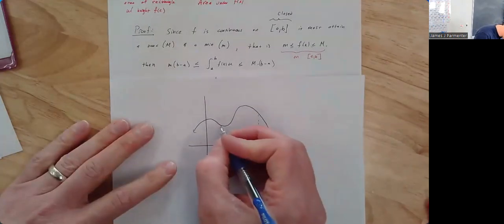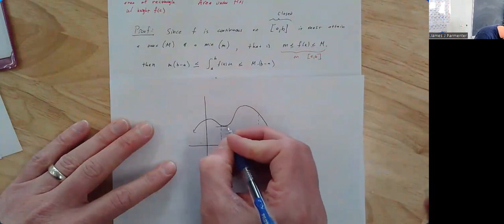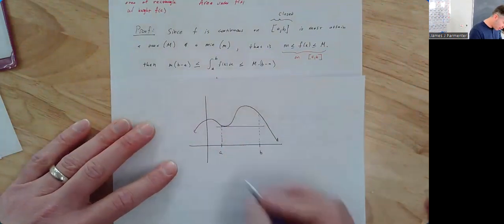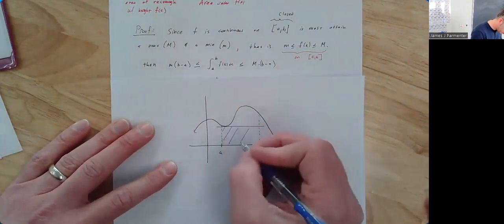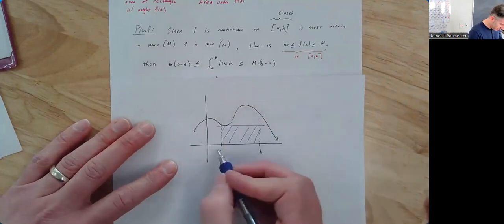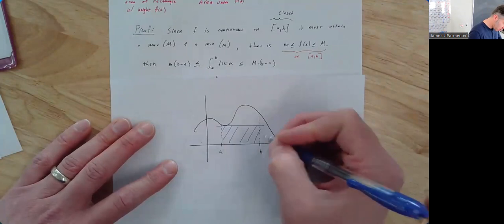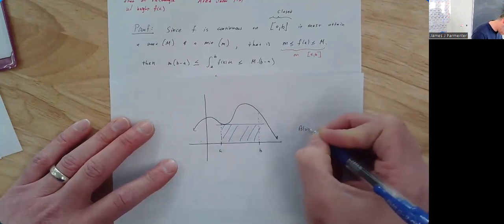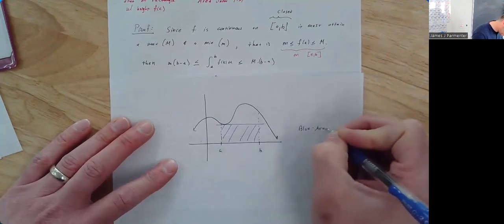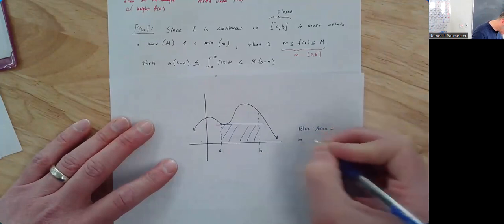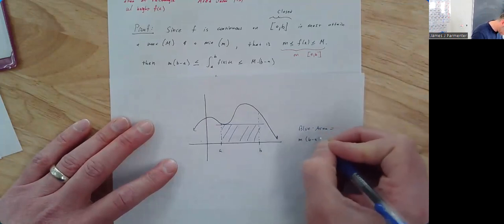The area under the curve is more than the area of this blue rectangle, which is just the base b minus a times the height, which is the minimum value. The blue rectangle area is exactly the minimum function value times b minus a.